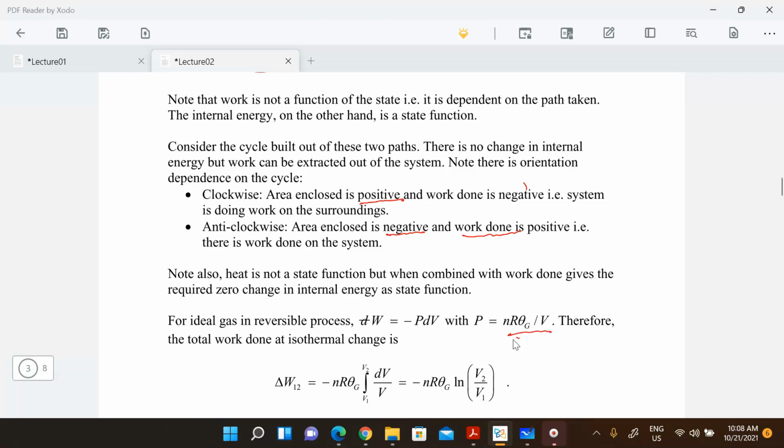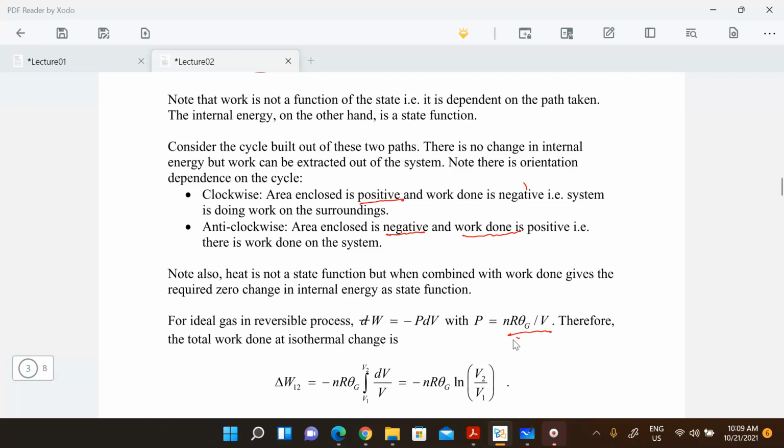Then I can plug this into the equation of your dW, and then I have your dV here from there, and your p is equal to that, so I have your V at the bottom. So I can do some calculation to see what is the mechanical work being done when you go from a certain state of V1 to V2.